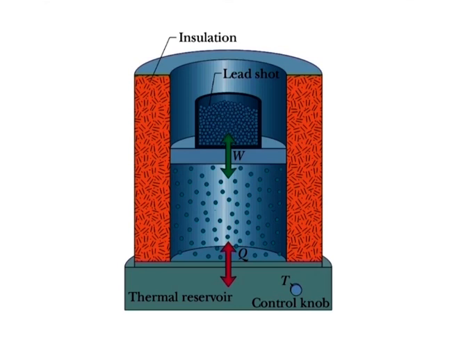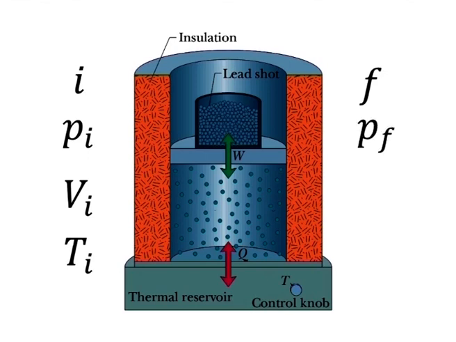The system, that is, the gas, starts from an initial state I, described by a pressure Pi, a volume Vi, and a temperature Ti. You want to change the system to a final state F, described by a pressure Pf, a volume Vf, and a temperature Tf. The procedure by which you change the system from its initial state to its final state is called a thermodynamic process.